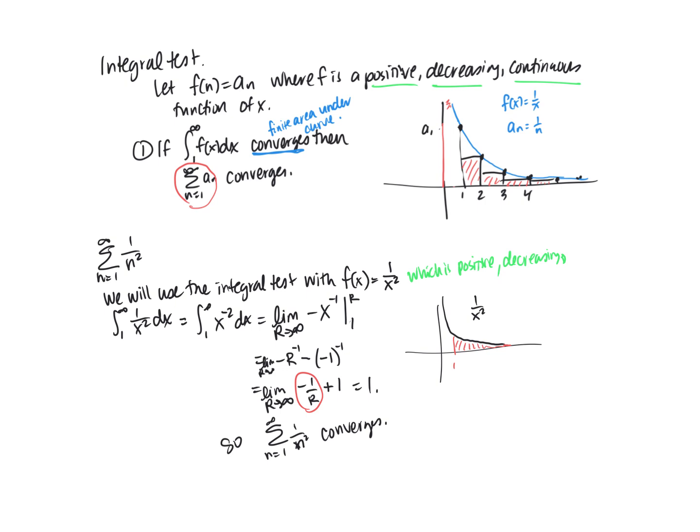The first derivative should be always negative to make it a decreasing function, and it is continuous. So we have all of the conditions that we need to be able to use the integral test. So I get that the sum of 1 over n squared converges. Keep that in your mind because we're going to use that in a little bit with the next example.